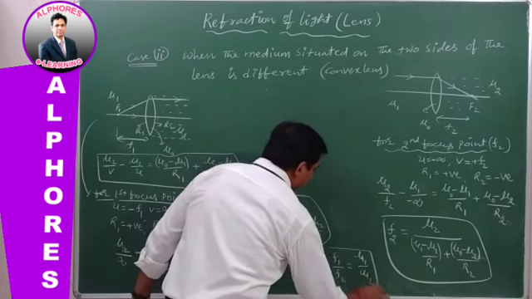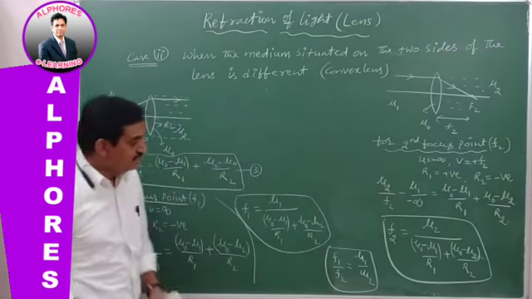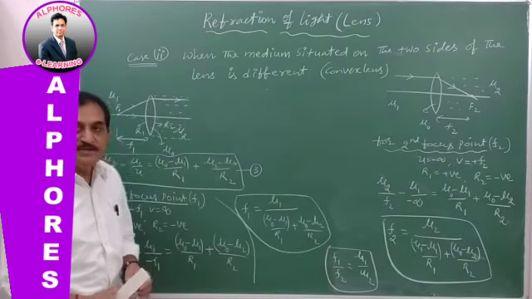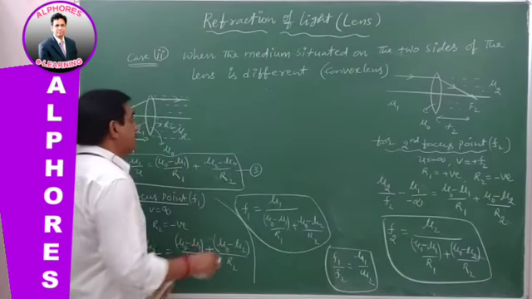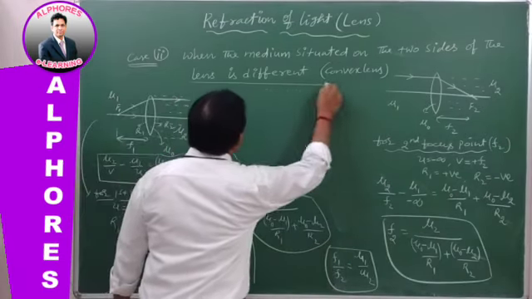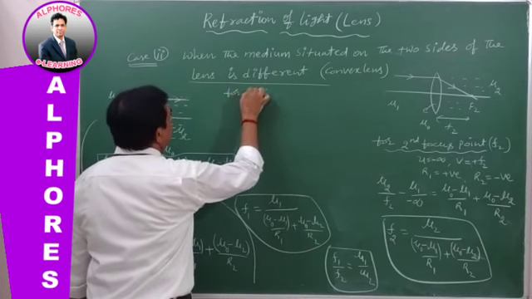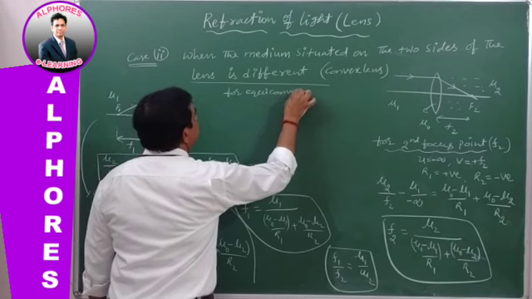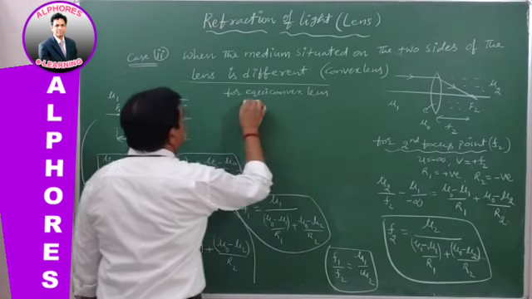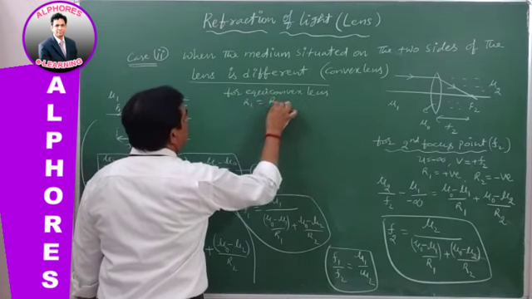This is one of the important results in this case: F1 by F2 is equal to mu1 by mu2. And one more point here, if it is an equiconvex lens, R1 is equal to R2.